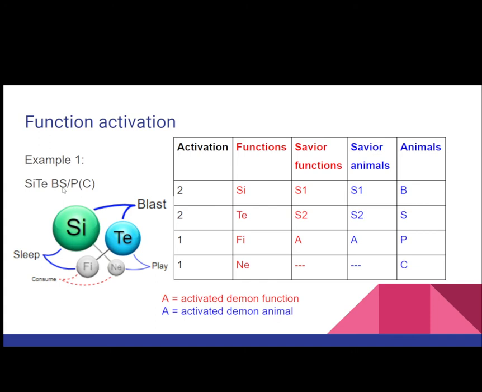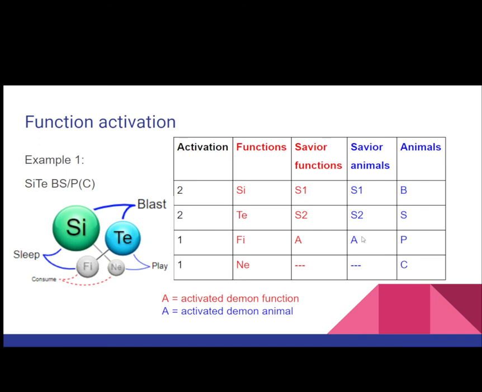The first two animals are savior animals, and the sleep is FI and SI. So even though FI is a daemon function, they can still access it pretty well and may feel pretty comfortable using it when it's in conjunction with SI. Now, if it's FI with NE, that's going to be a lot harder to pull up because that's their last animal. The savior animals, once again, are blast and sleep.